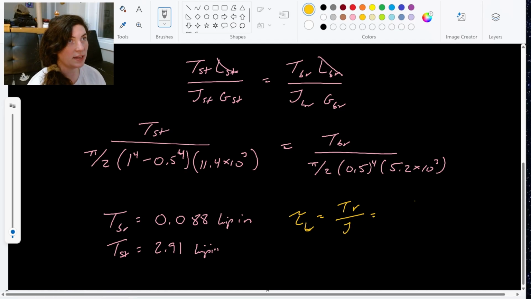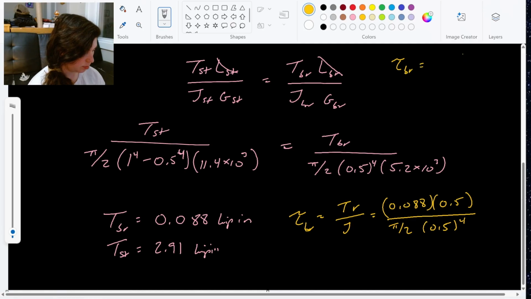So for the brass, that's 0.088 times the outer radius, 0.5, all over the polar moment of inertia that we just found. And that gives us a shear stress in the brass of 0.451 KSI.